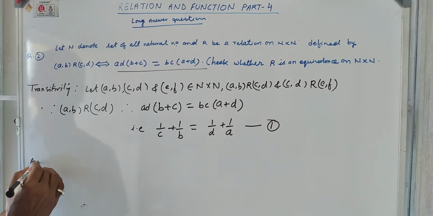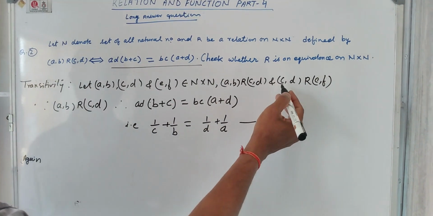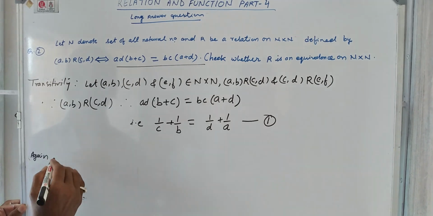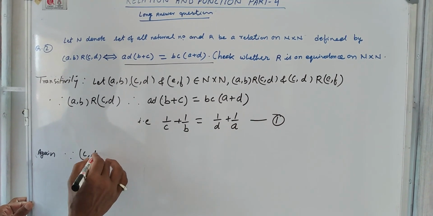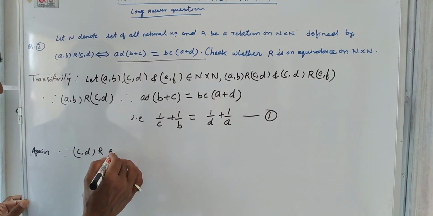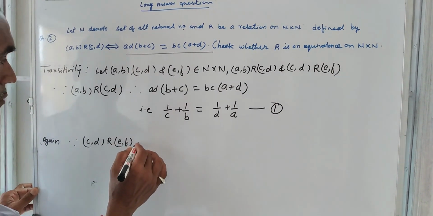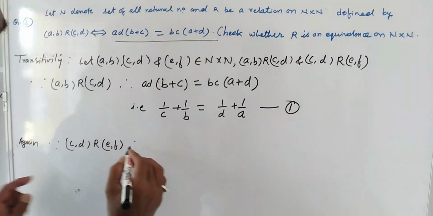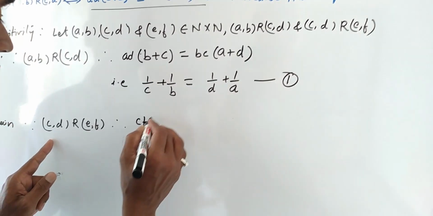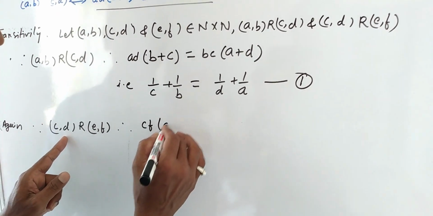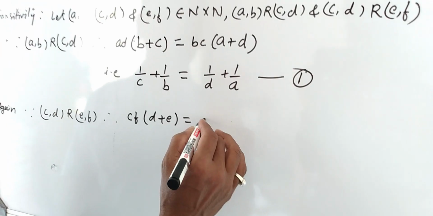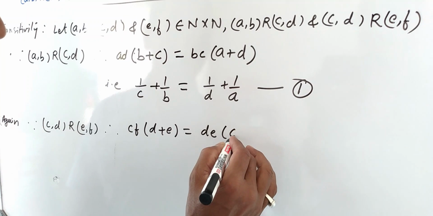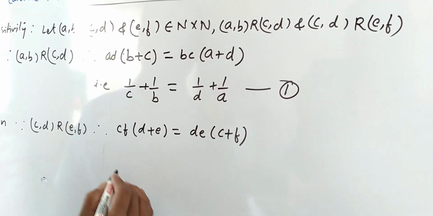Again, the second element is related to the third. Since (c, d) is related to (e, f), therefore cf(d + e) = de(c + f).